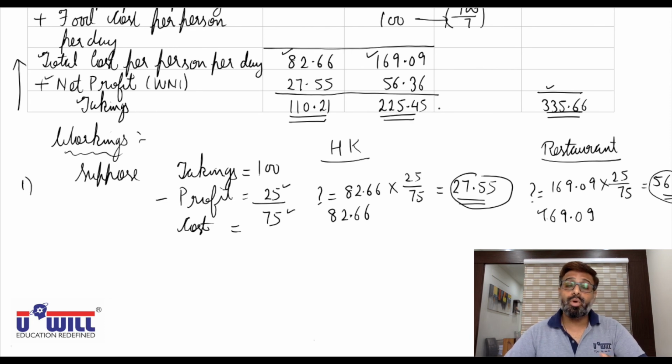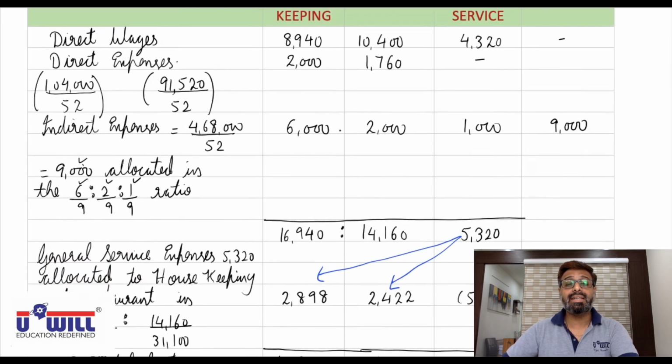Those who come only for lodging, they don't pay us for food, we will charge them 110.21. And those who come to our hotel only for food, we will charge them 225.45 rupees per person per day. So the split is also shown. All the answers are covered.